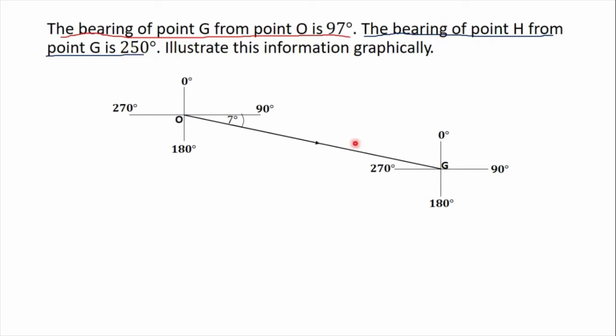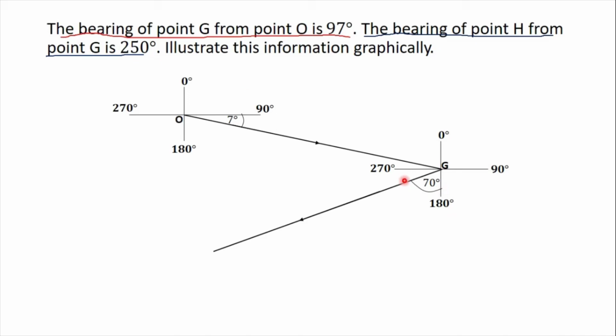So we know that 250 degrees is between 180 degrees and 270 degrees. So we measure from 180 degrees in the clockwise direction. So you ask yourself, what should we add to 180 degrees in order to get 250 degrees? The answer will be 250 degrees minus 180 degrees, which is 70 degrees. If you add 70 degrees to 180 degrees, you're going to get 250 degrees.